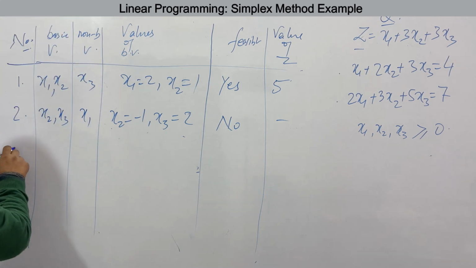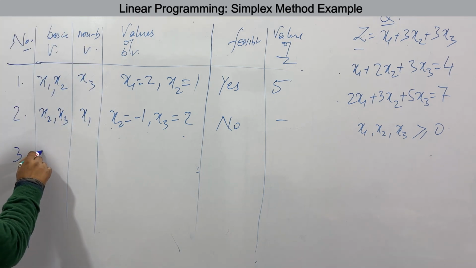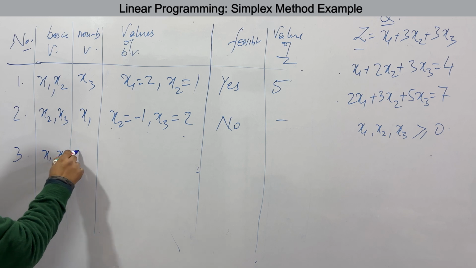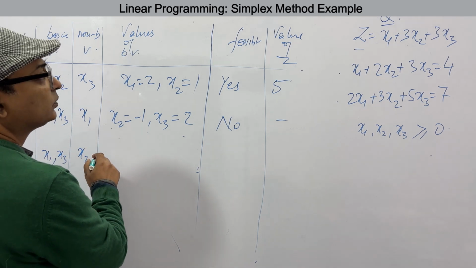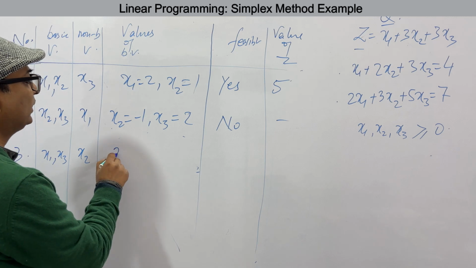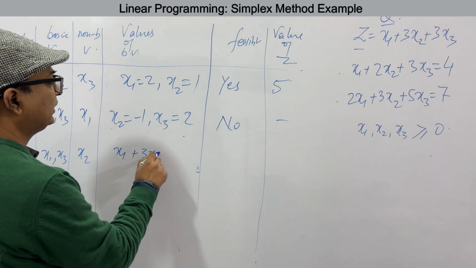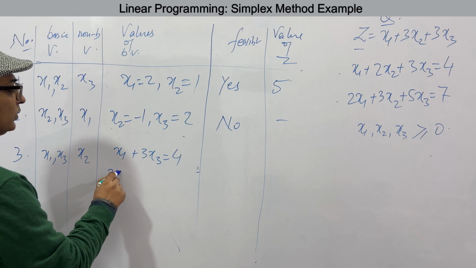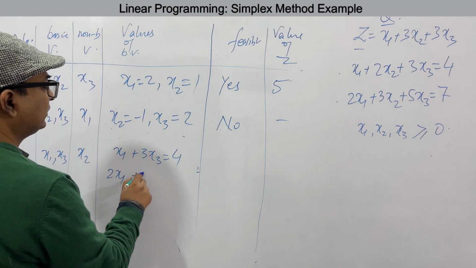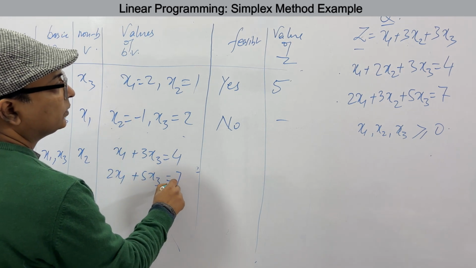Now the third solution. We'll have x1 and x3. And here x2 will be our non-basic variable. So the equations will be, x2 is 0, so x1 plus 3x3 equal to 4. Then we have twice x1 plus 5x3 equal to 7.